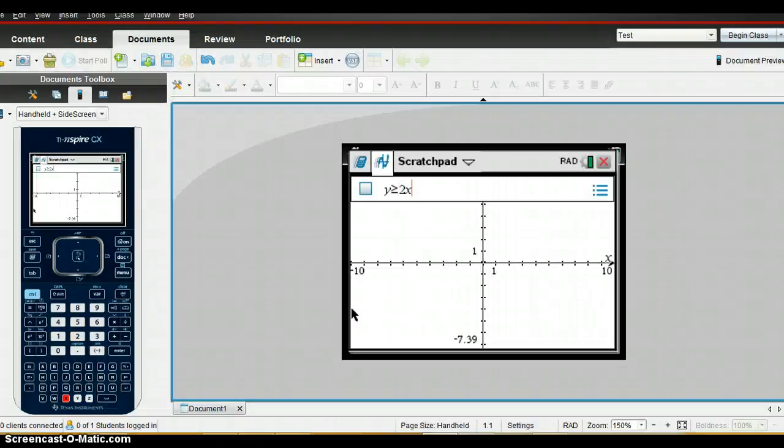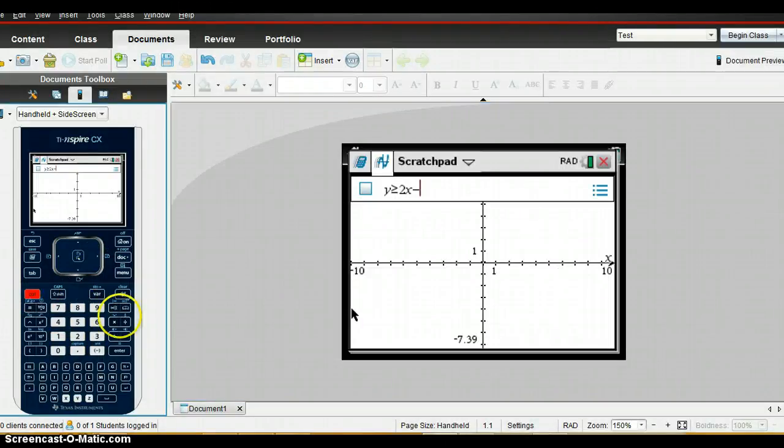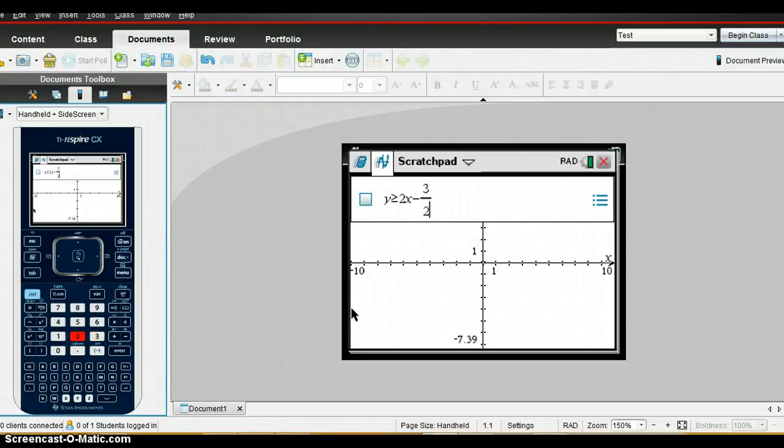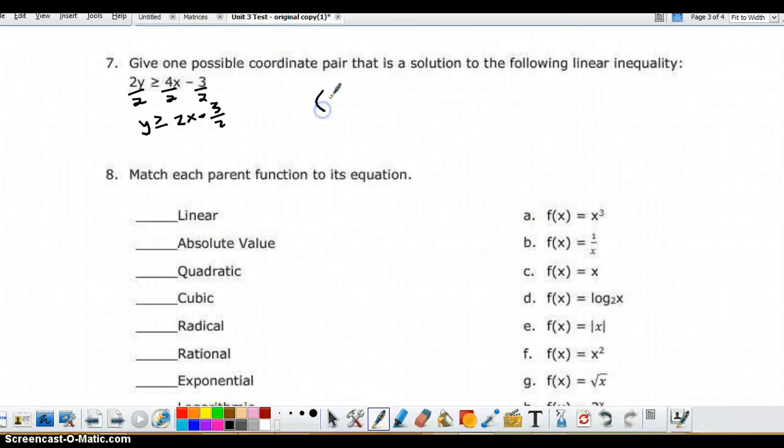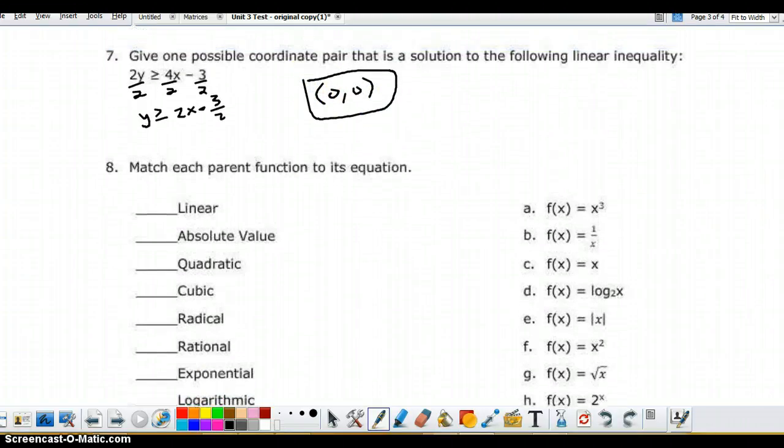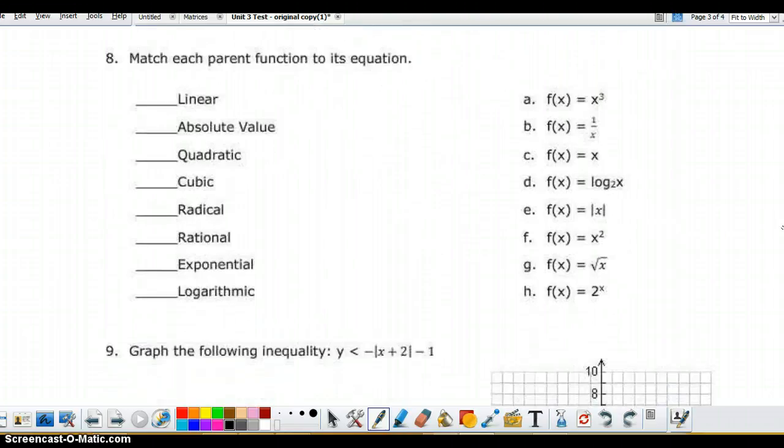Then we have 2x minus, control divide 3/2. So then I just want to pick a point that's in this area here. 0, 0 is one that's in that area. So a lot of people put 0, 0, and 0, 0 is correct. But to be honest with you, the only way you missed that is if you left it blank.